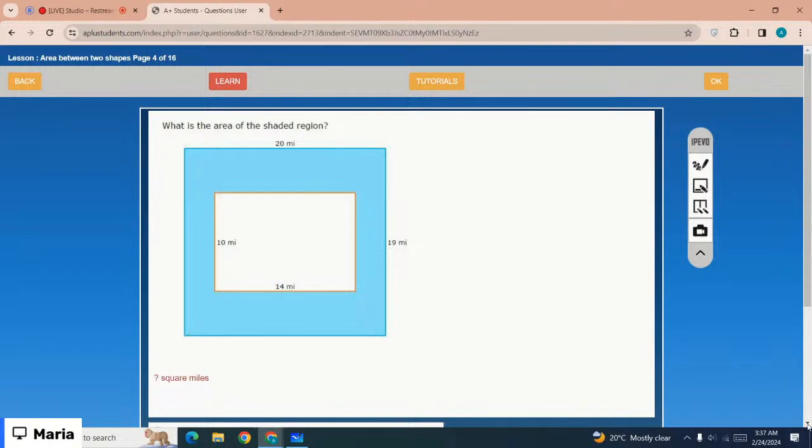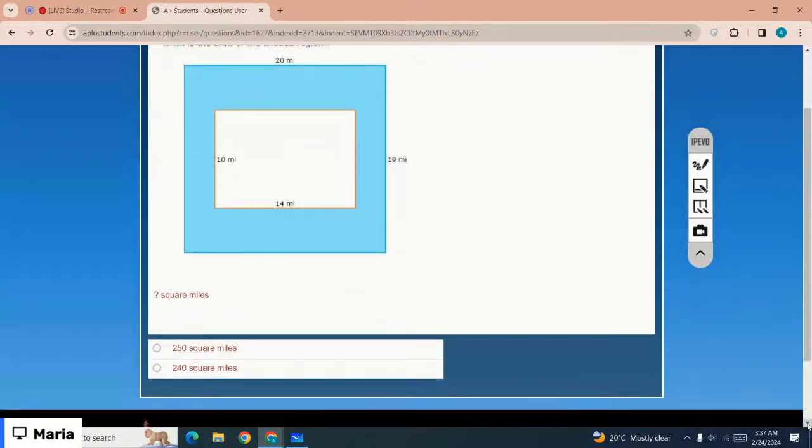What is the area of the shaded region? You can do the calculations on your own and then let me know the correct option. So, which one is it? You have to do 20 times 19 is 380, and 380 take away 140.